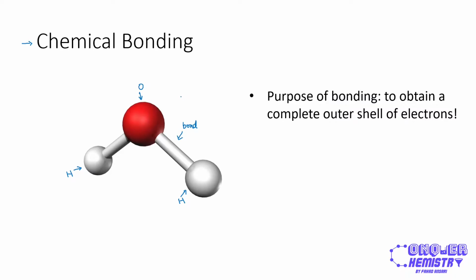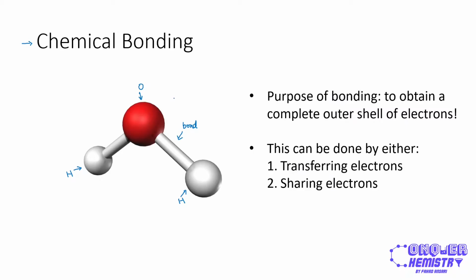This purpose of getting a complete outer shell or valence shell of electrons can be fulfilled in two ways: either by transferring electrons from one atom to the next, or by sharing electrons. So that gives rise to two types of bonding, and we will discuss the first type, bonding by the transfer of electrons, in this video.